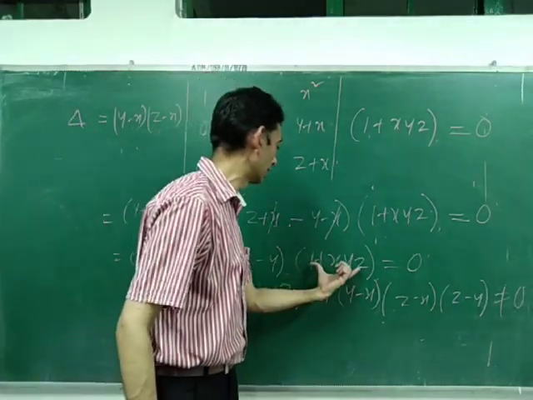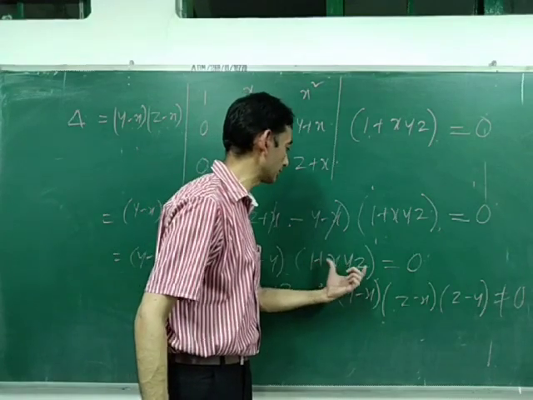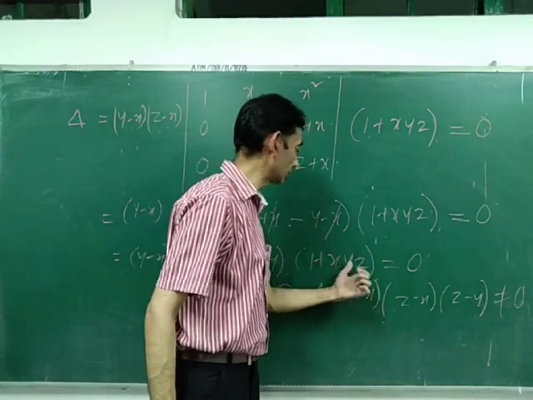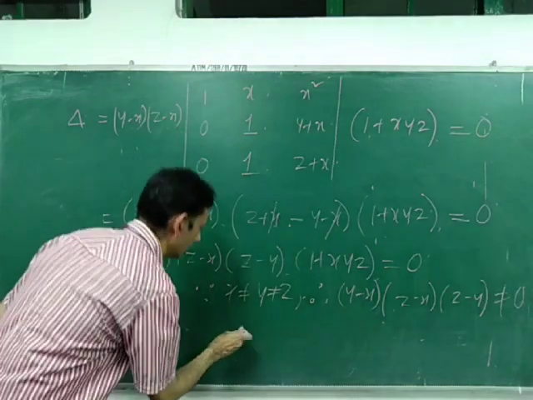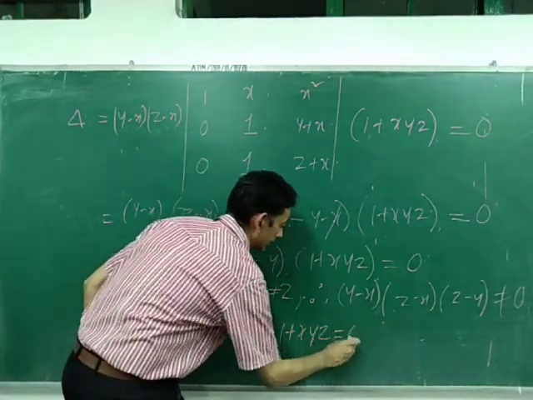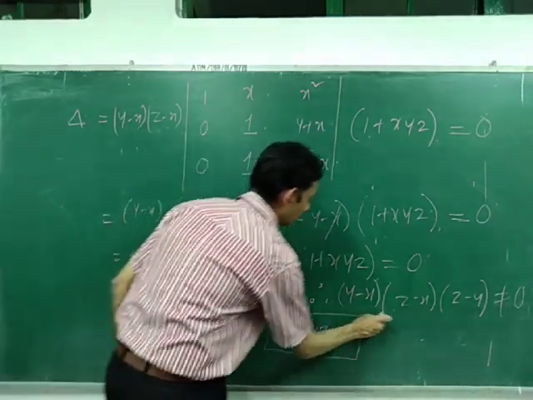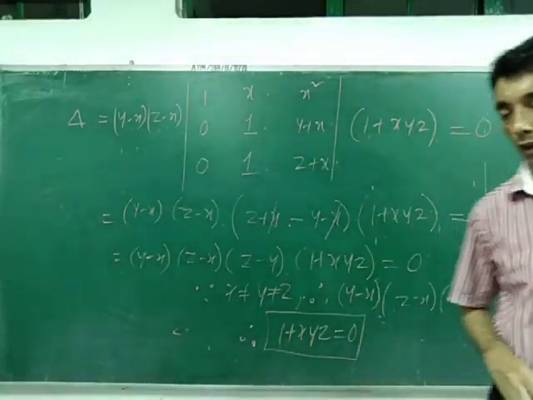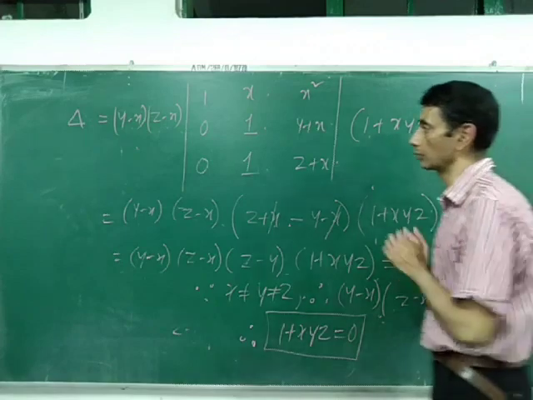So what is left out is only 1 plus x, y, z equal to 0. Therefore, the outcome is 1 plus x, y, z is equal to 0. This is the proof of this particular question.